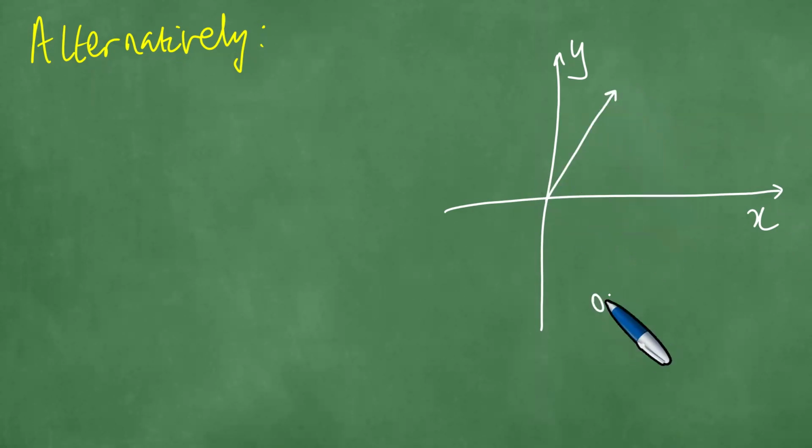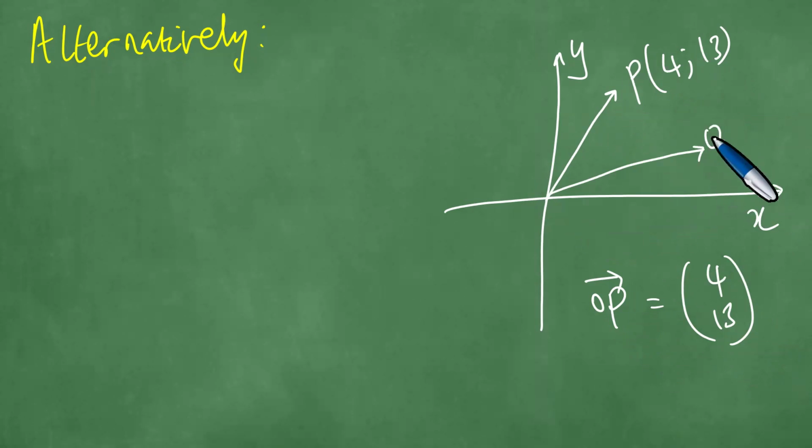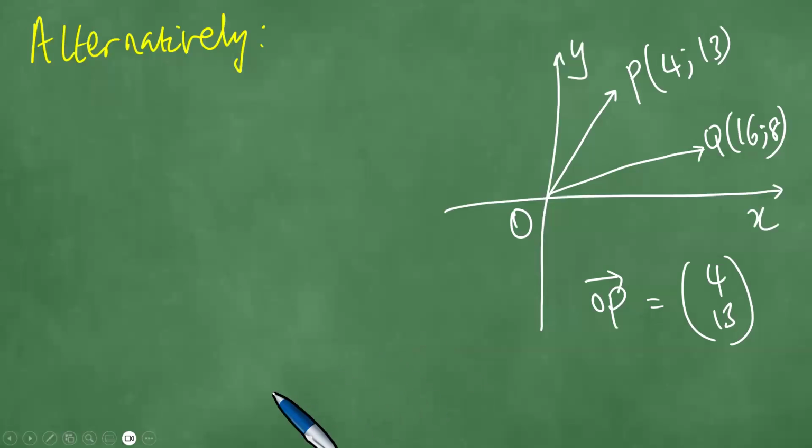We have the position vector OP, which is exactly (4, 13), so that the point P has the coordinates (4, 13). We have here the point Q with the coordinates (16, 8). This is the origin.